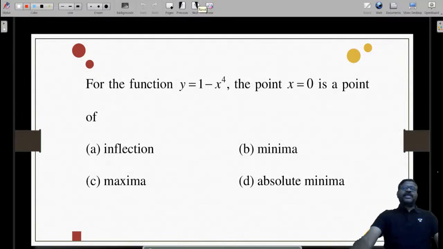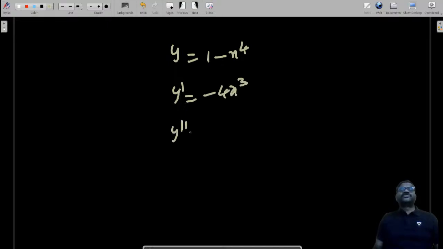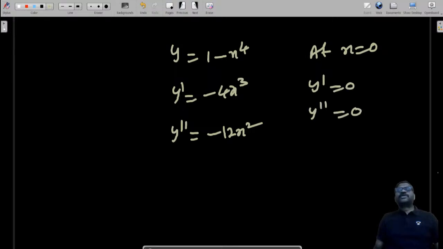Next one, for the function y is equal to 1 minus x power 4 at the point x equal to 0. Y dash is minus 4x cube. Y double dash is minus 12x square. At x equal to 0, y dash and y double dash are 0.